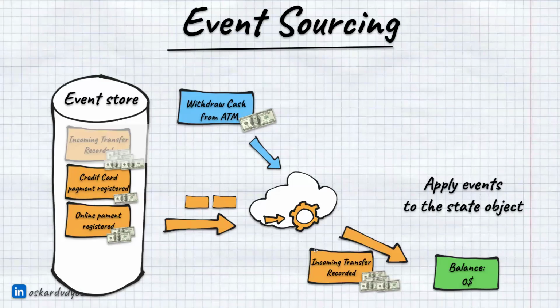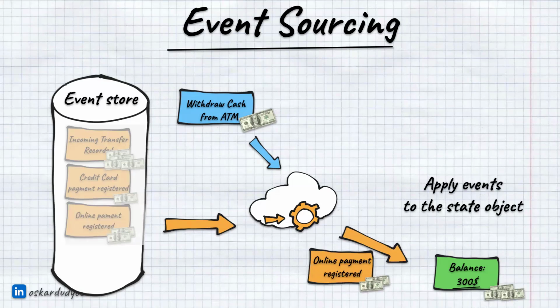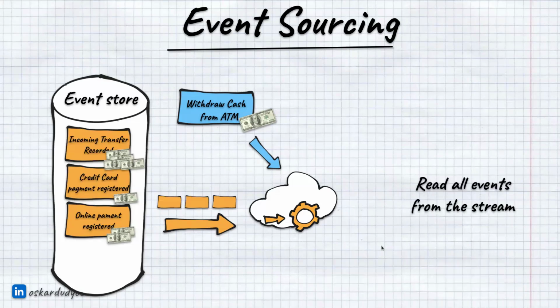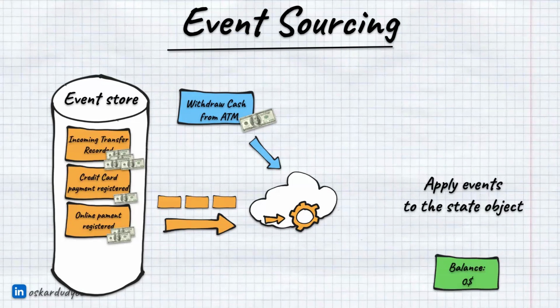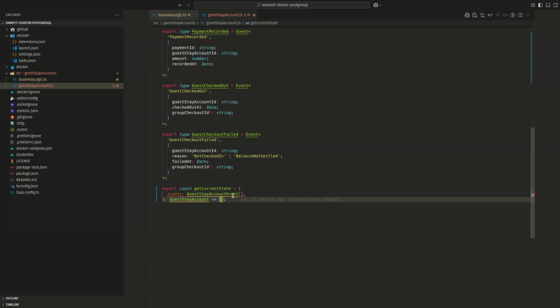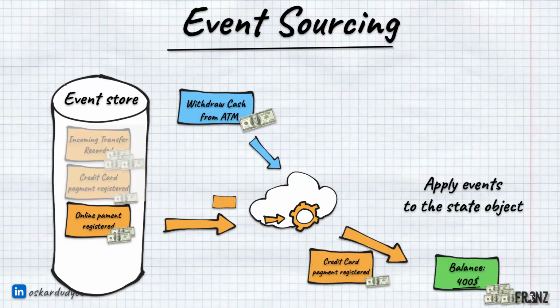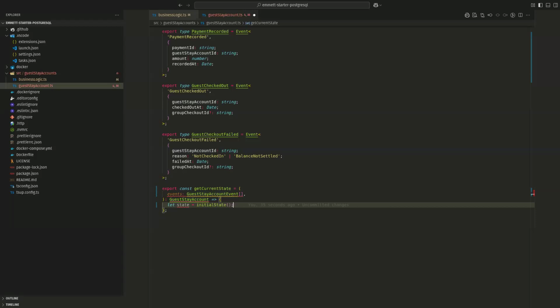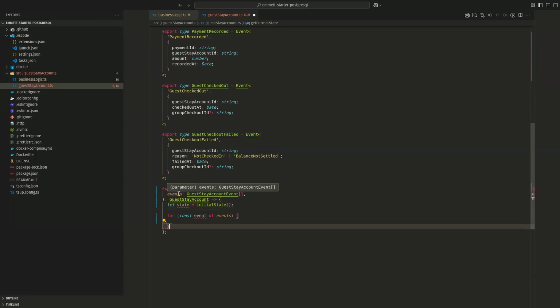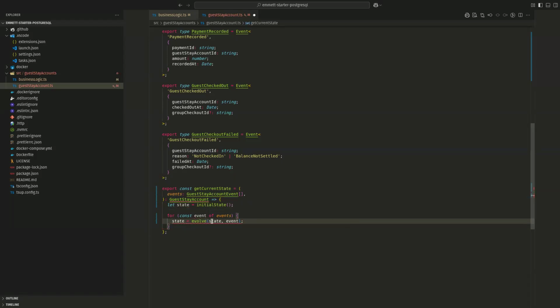And we do that by applying one after another all of those events to the state. And we are starting from the initial empty state object. And that's why we also needed to have this initial state, which is our entry point. And then one after another, in the order they were recorded, we can iterate through all the events that we got from our event store, and then we can evolve our state.